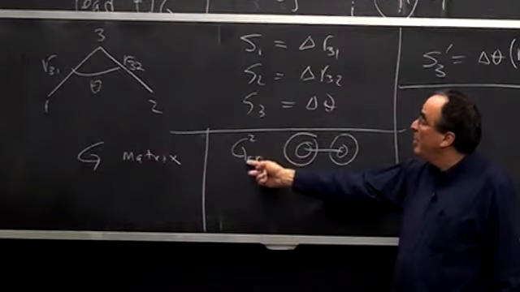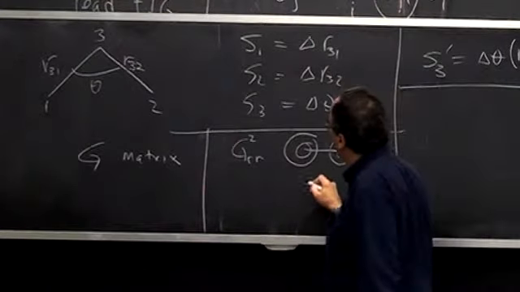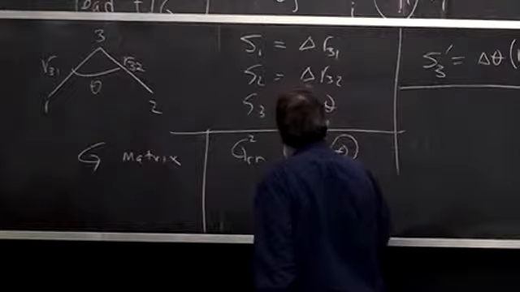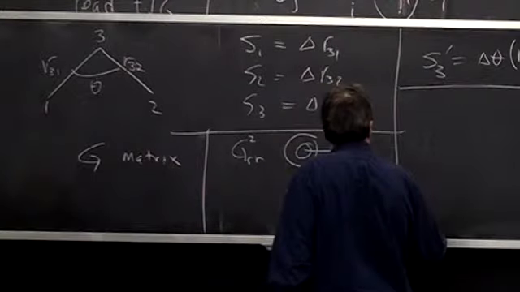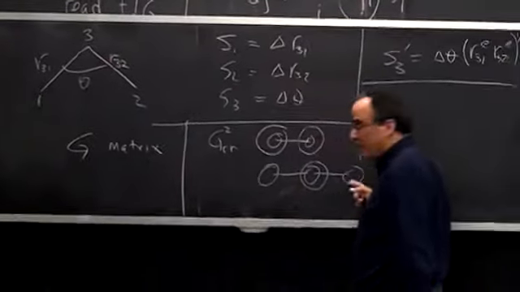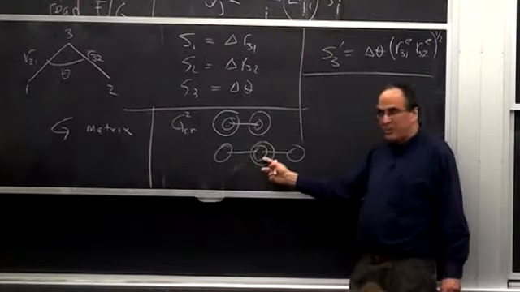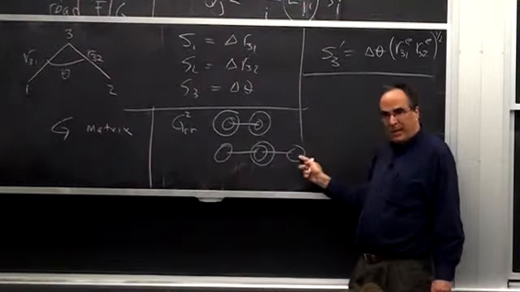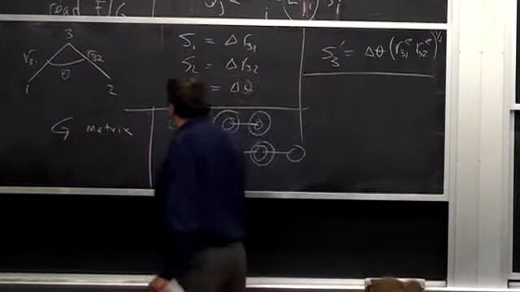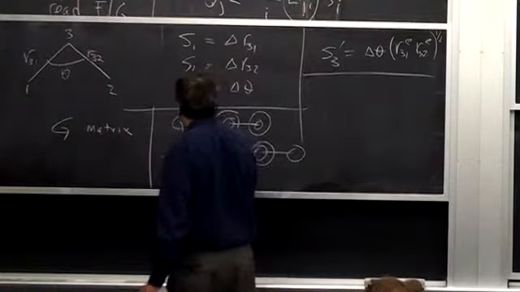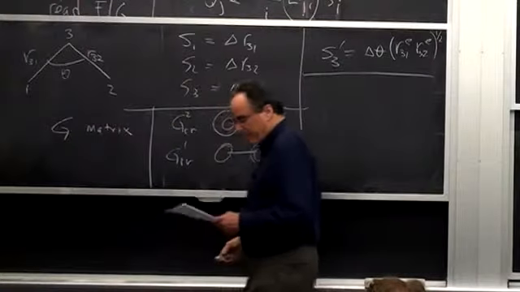Now, if we had something with 3 atoms and 2 circles around 1, that would be an interaction between one stretch here and one stretch here. That would still be RR, but it would have a 1 up there.